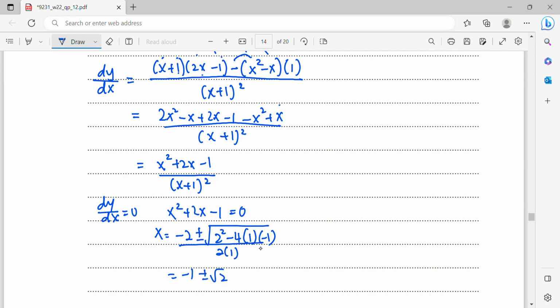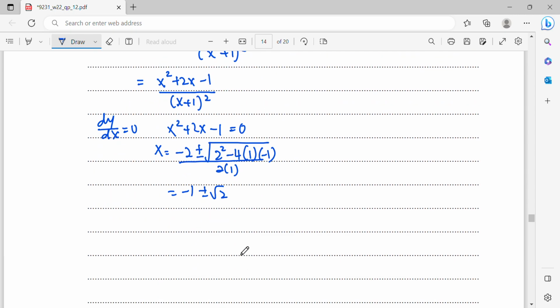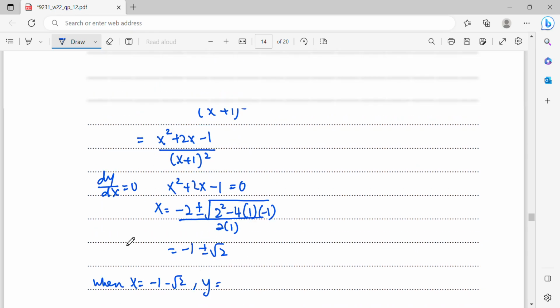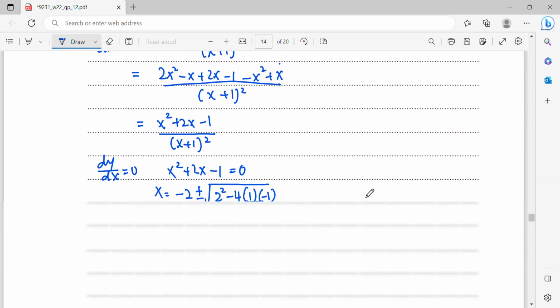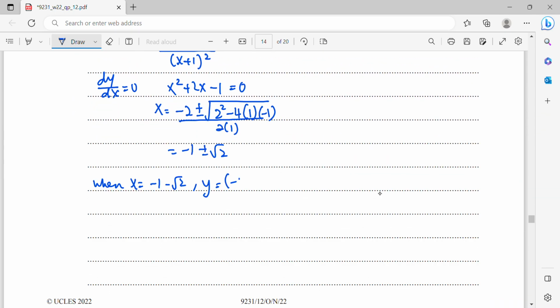Okay, so for the stationary points, when x equals to minus 1 minus root 2, your y will be x squared minus x over x plus 1. So x squared minus x over x plus 1. Right, so here will be 1 plus 2 root 2, then plus 2.